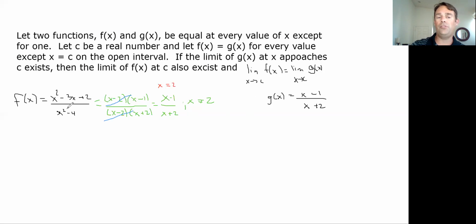In other words, what that means is, let me show you what I mean. If I were to take the limit of f of x as x approaches 2, and plug it in here, I would get something that wouldn't work.